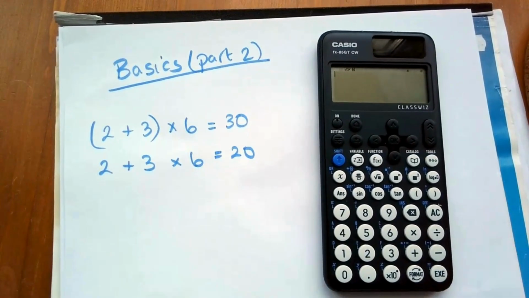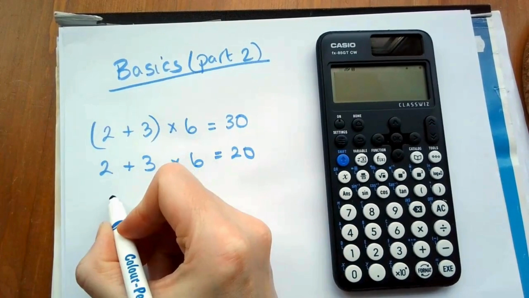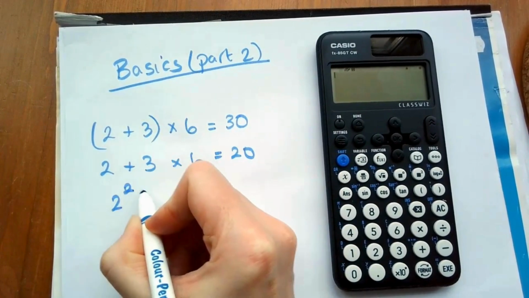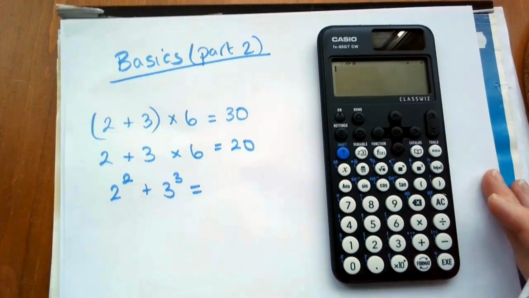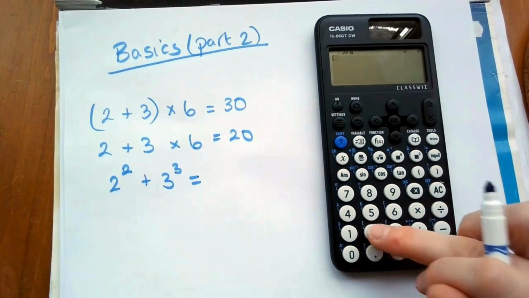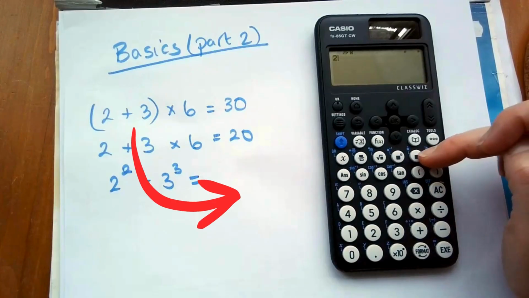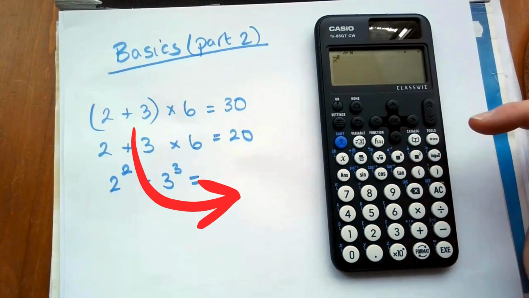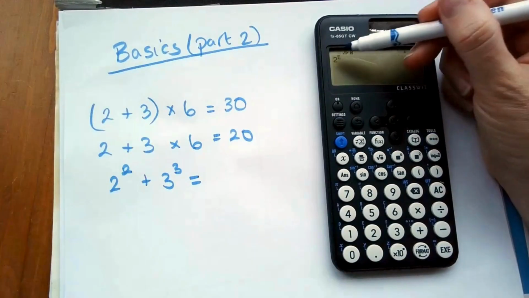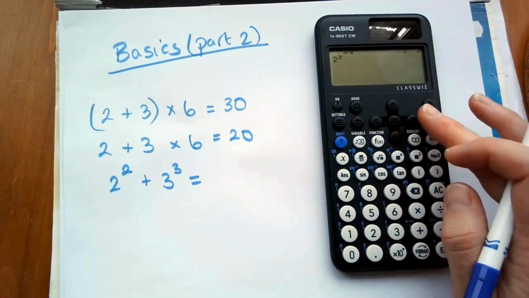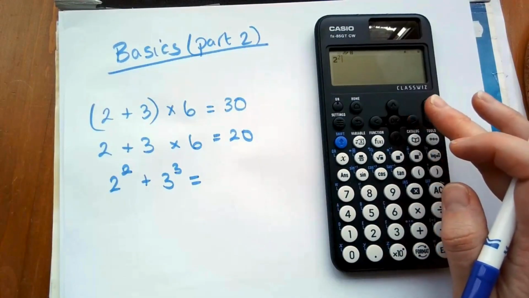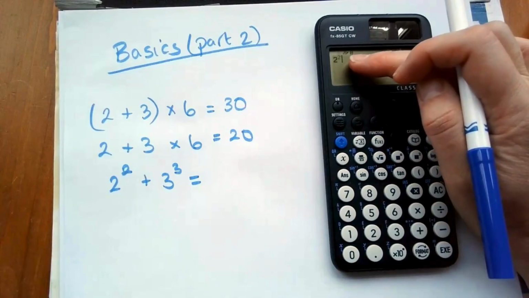So here, we're going to try this calculation. We are going to do 2 squared plus 3 cubed, and we're going to see what we get when we do that. So 2, and I could use the square, right? But I'm going to use this one because I'm going to show you how to use it. So it comes up with a little box, I'm going to fill it with a 2 because we want squared. Now, what I'm going to do is press the right cursor just to take that cursor down on X or space.